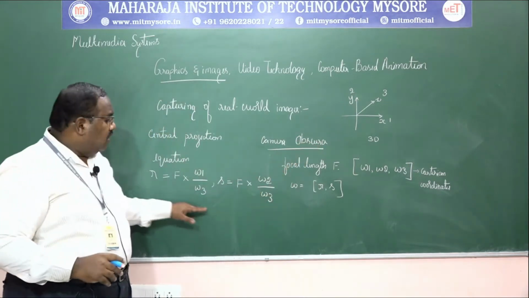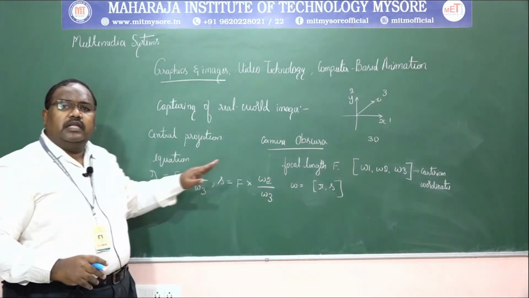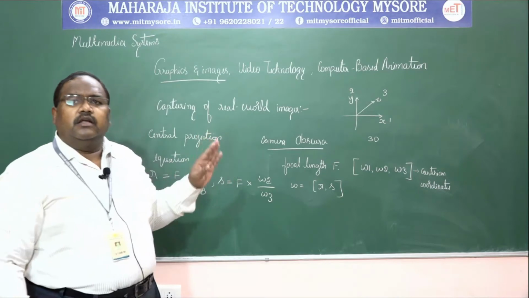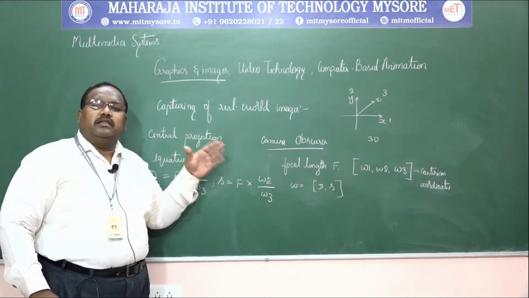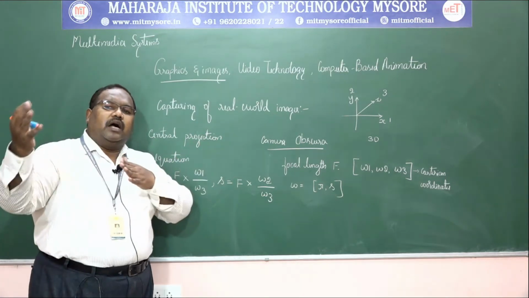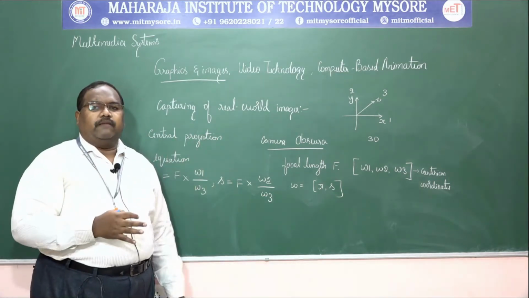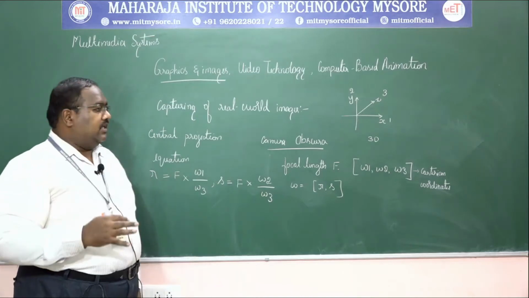So this is called the central projection equation that has been already given. So using this we need to capture the image, that is from the outside world onto a frame. So how we do that, we will see that.